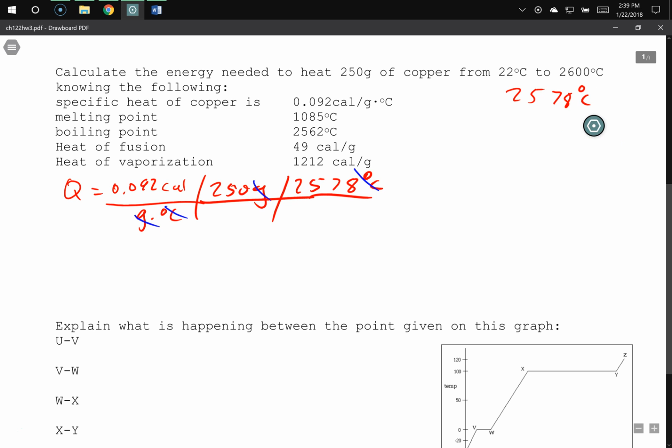The only unit I have left is calories. So 0.092 times 250 times 2578. This is 59,294 calories. What is all of that energy used to do?